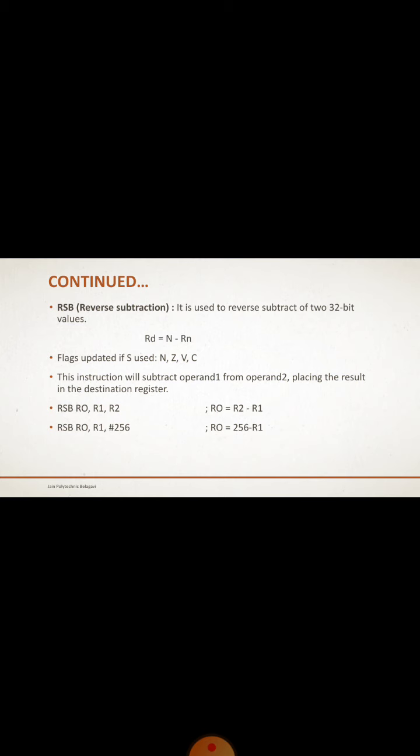This RSB instruction does not perform normal subtraction, in which operand 2 is subtracted from operand 1. But instead, operand 1 is a register, and operand 2 can be a register, shifted register, or immediate value. Normally, this instruction is used for negating or finding 2's complement of numbers.